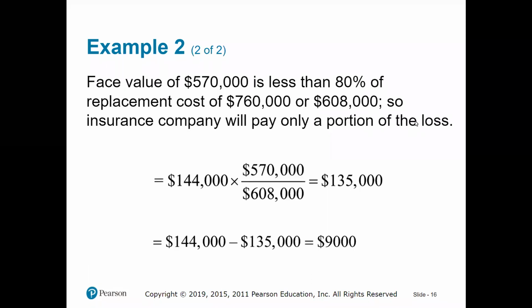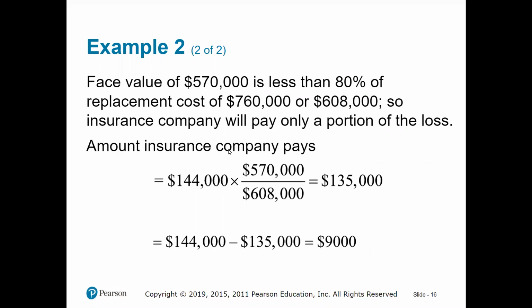So the face value is $570,000, which is less than 80% of the replacement cost of $760,000, or $608,000. So the insurance company will only pay a portion of the loss. So the amount the insurance company will pay will be the $140,000 times this factor here, which is $135,000.